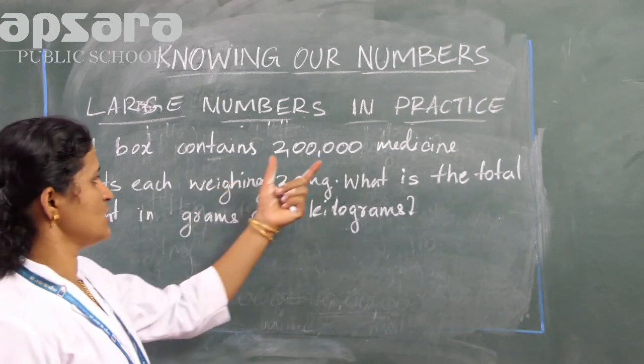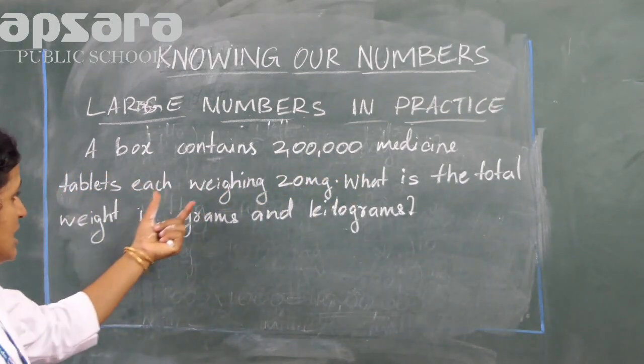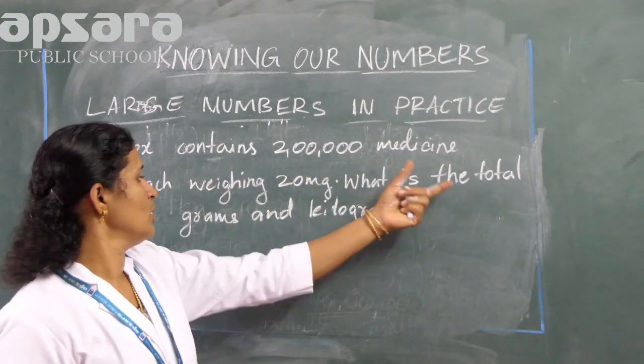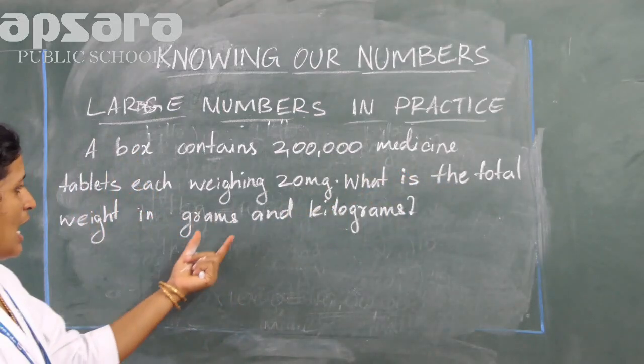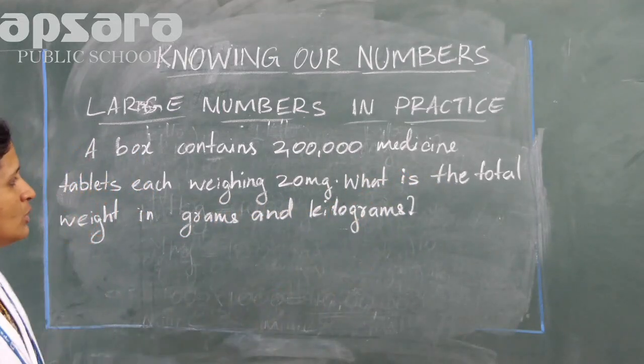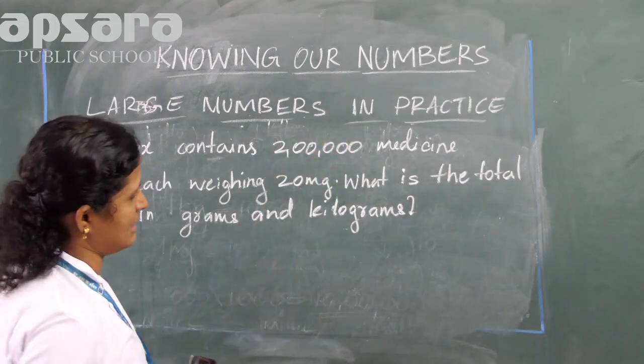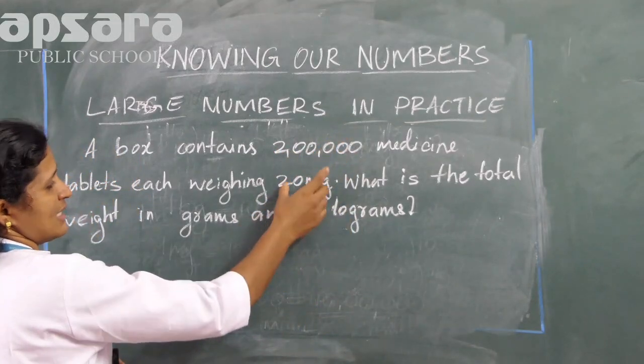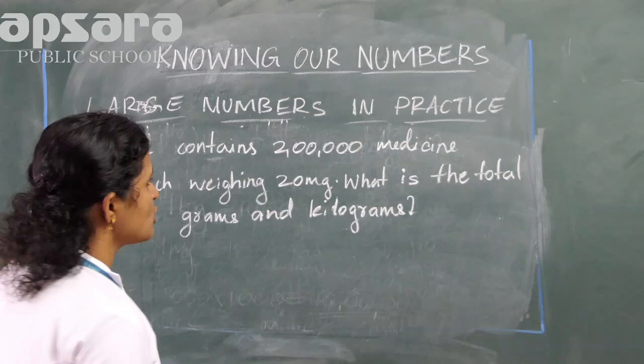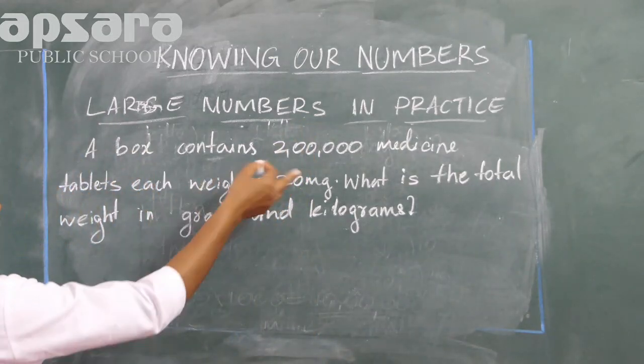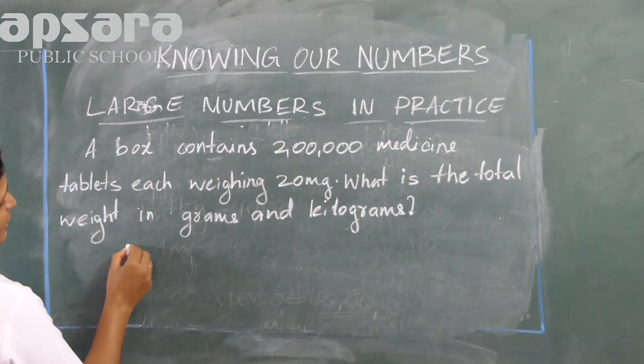A box contains 2 lakh medicine tablets, each weighing 20 milligram. What is the total weight in grams and kilogram? Total number of medicine tablets is given and weight of each medicine tablet is given, right? So first we will find out the total weight in milligram.